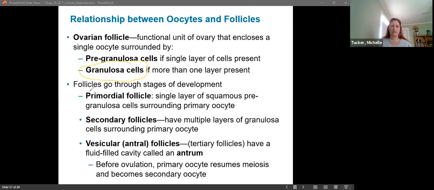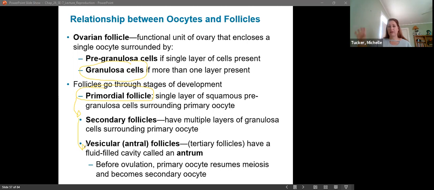The fetus has primordial follicles, and these are going to then become secondary follicles. So we're born with primordial follicles. As we go through puberty and onto menopause, these become secondary follicles and then antral follicles.